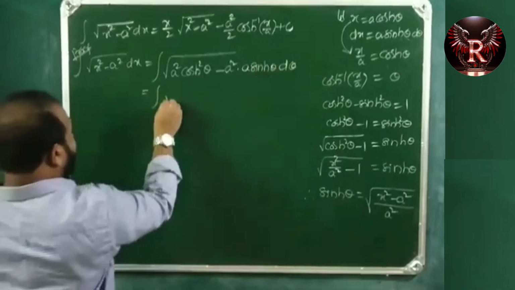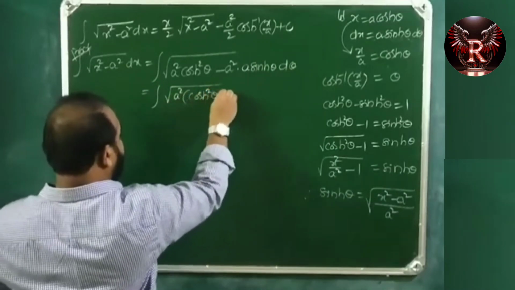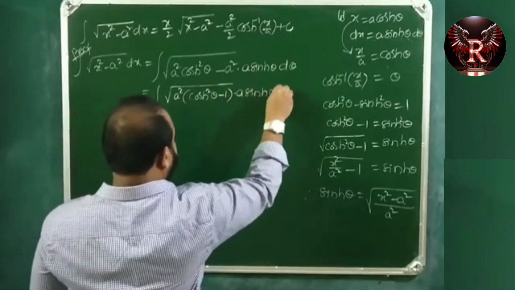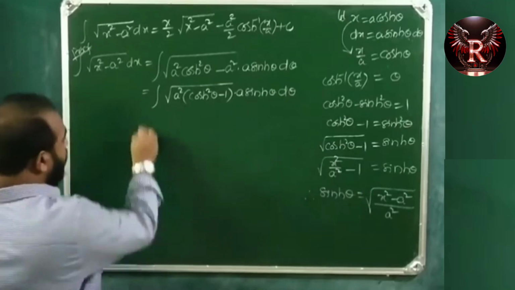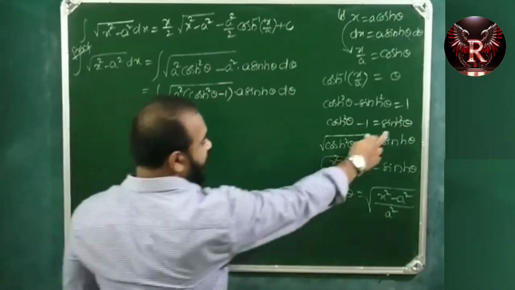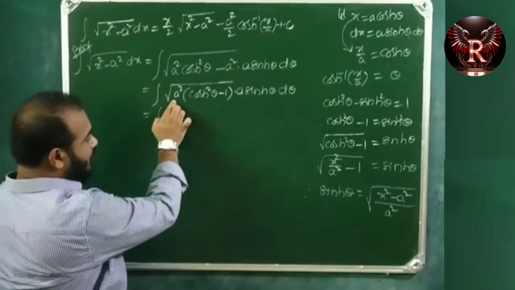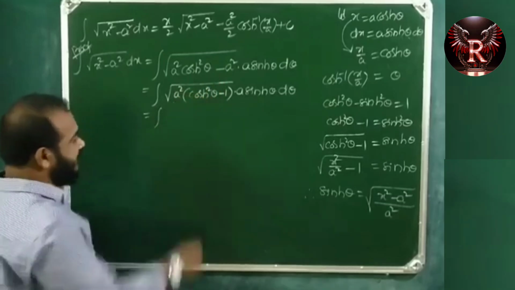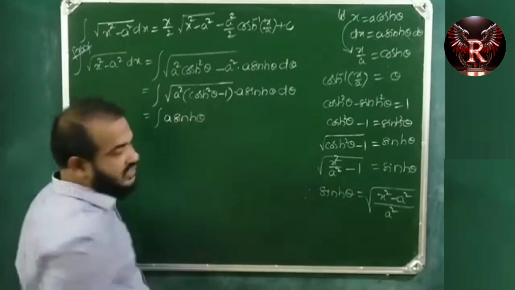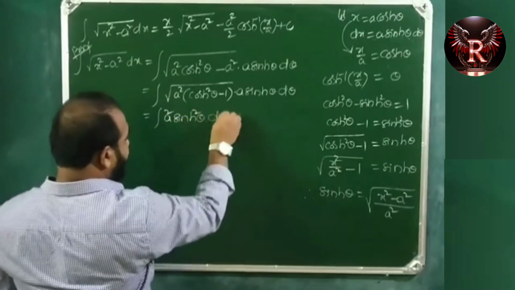So this is equal to integral, taking a square in common, cosh square theta minus 1 into a sinh theta d theta. Cosh square theta minus 1 is sinh square theta. So this is a square sinh square theta. So a sinh theta whole square, the square root gets cancelled, we will be getting a sinh theta into another a sinh theta. So a square sinh square theta d theta.